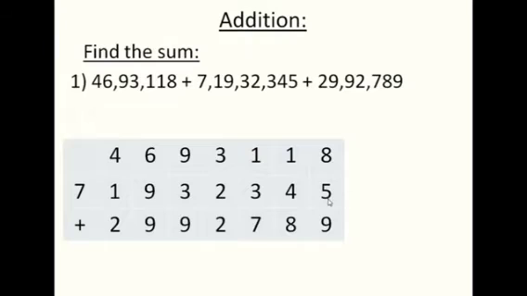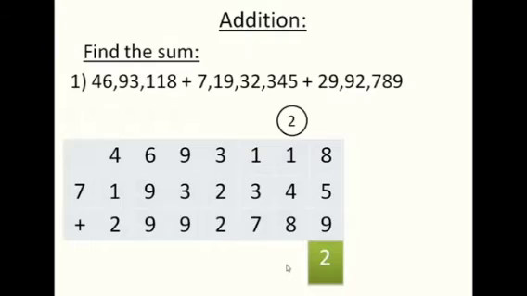8 plus 5 gives you 13. 13 plus 9, 22. So 2 will come down and another 2 will be carried over here. Now 1 plus 4, 5, 5 plus 8, 13, 13 plus 2, 15.